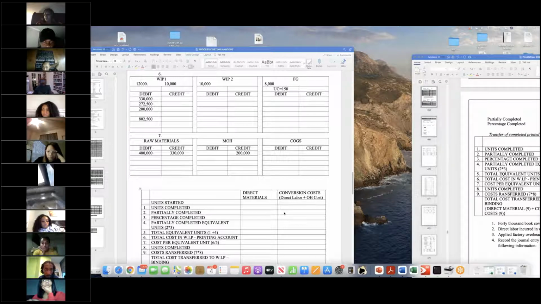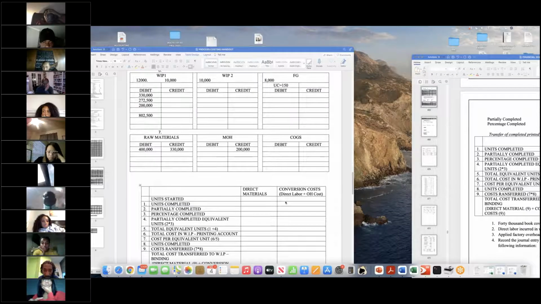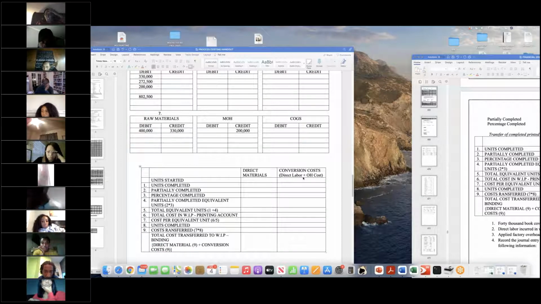It's on Blackboard in course content. It's the last thing in course content. It says process costing. I got it now. Does everybody else have it? Anybody don't have it?